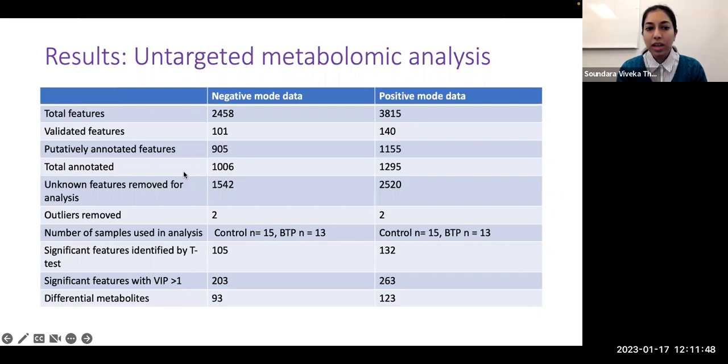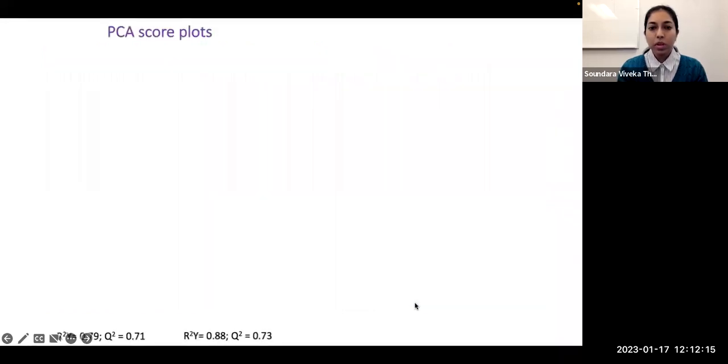So we only chose the annotated metabolites, which is 1,006 from the negative ion mode and 1,295 from the positive ion mode for our analysis. Outliers were removed, and we were able to get 105 metabolites which were significant by the t-test and 203 metabolites which were significant by the VIP plot. We combined the differential metabolites from the negative and the positive ion modes.